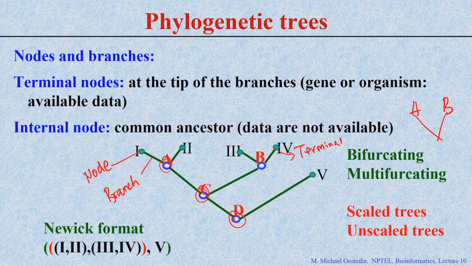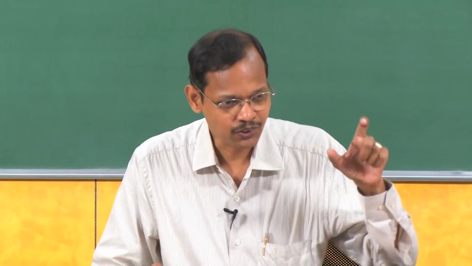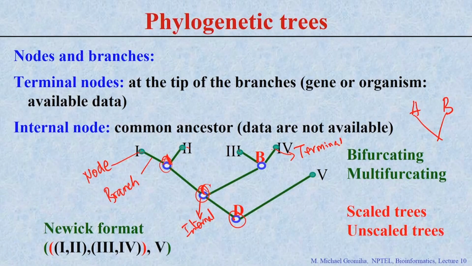Like you can see the gene or any organism or any sequence, that we know the data, that information is available. And you can see the other dots inside, and these are the internal nodes, okay, for example, these are internal nodes which represent common ancestors, but the information we do not know, because if you look into the UniProt database or if you look at the DDBJ database, you will get the sequences, that information we know.